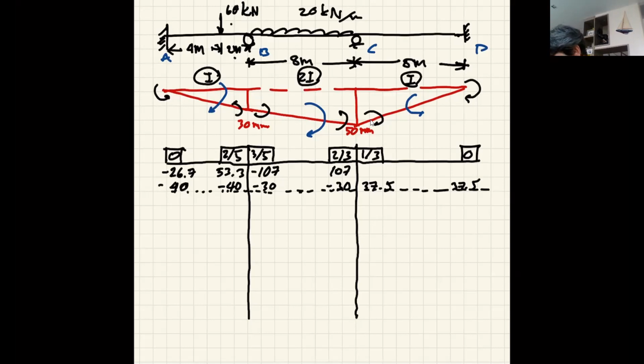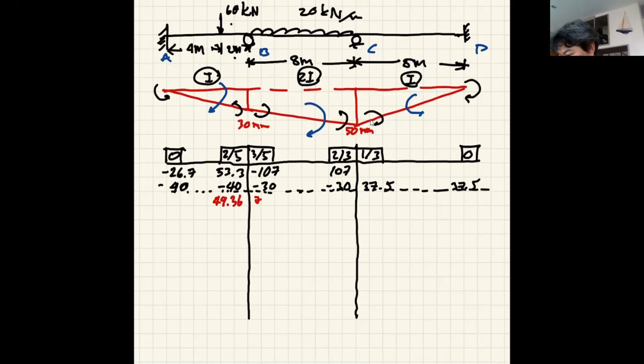In total, we have minus 177 and plus 53, so it's like minus 123 kilonewton meter of moment we need to balance, and we need plus 123 of that, and 2/5 is going to come from the left, so this is 49.36. Very confusing because in my note I use blue, but I don't know why I use red here, but it doesn't matter.